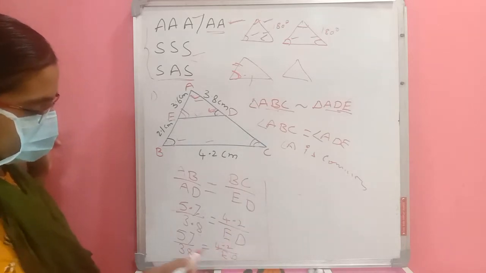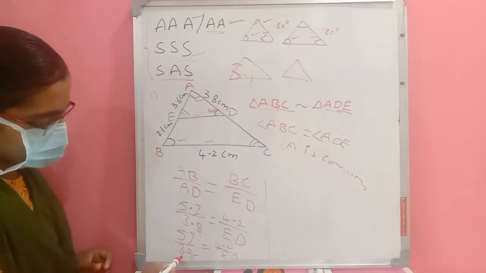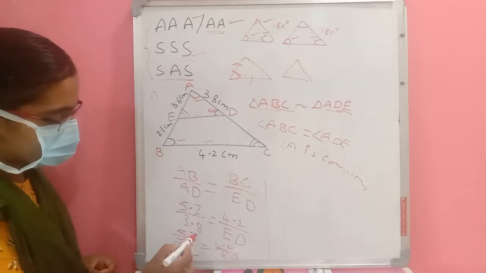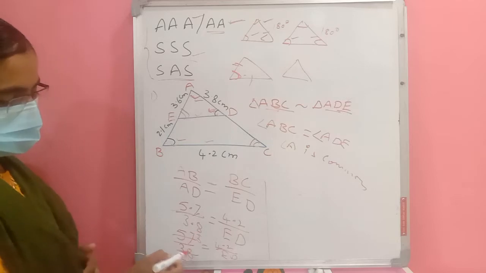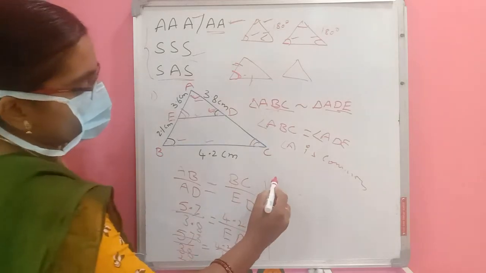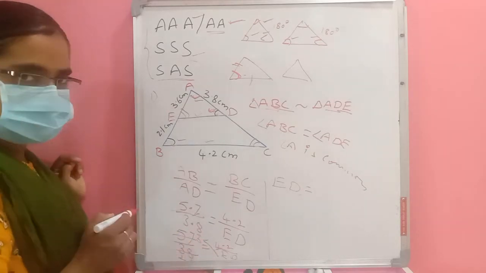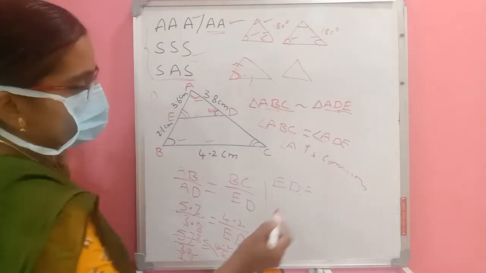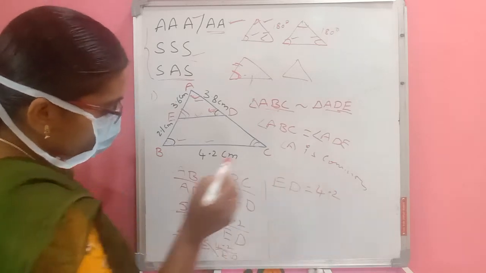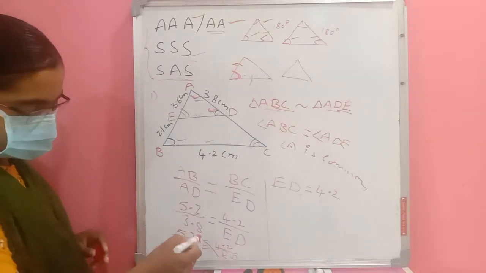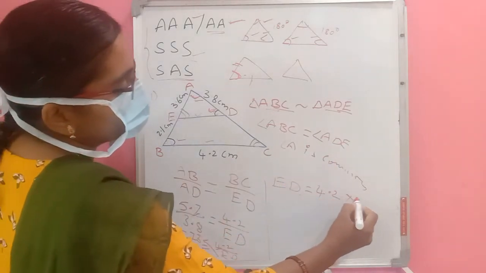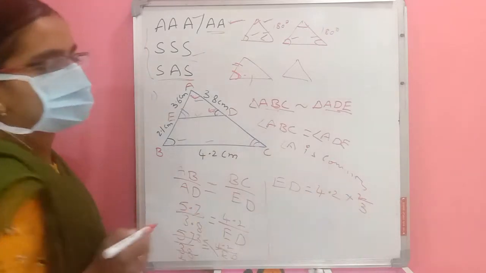Then just cancel here. 19 2s are 38, 19 3s are 57. So we have 3 by 2. Just transpose this ED to this side. ED is equal to 4.2 as it is, and transpose this 3 by 2 to that side. Then it becomes 2 by 3, its reciprocal.